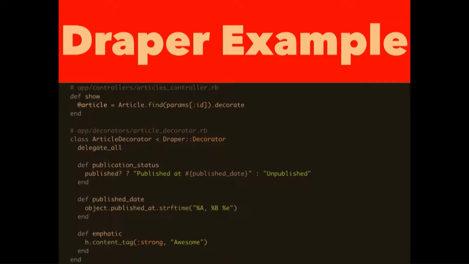You call the .decorate method in your controller to decorate a model, and you need to declare something like delegate all in a decorator, and a decorator extends from the Draper decorators class. So anyway, this is how it works.